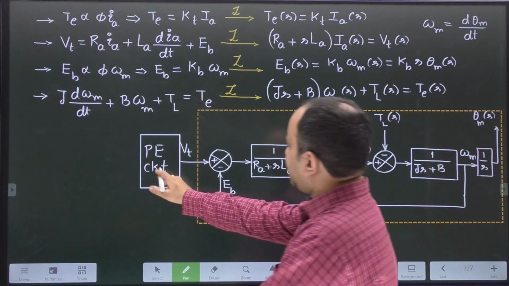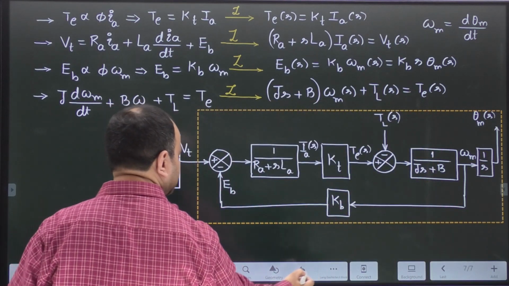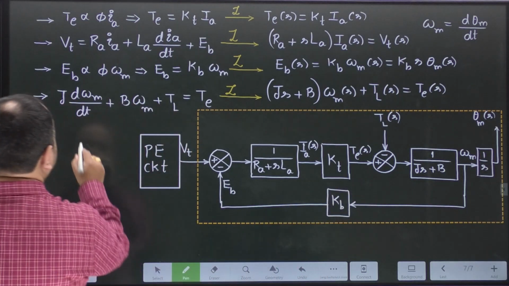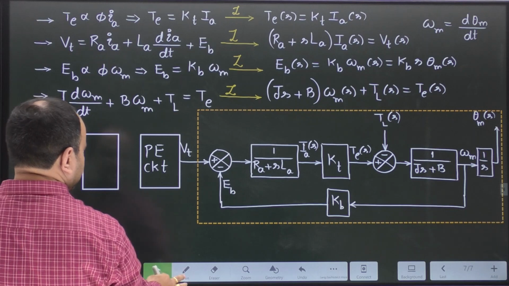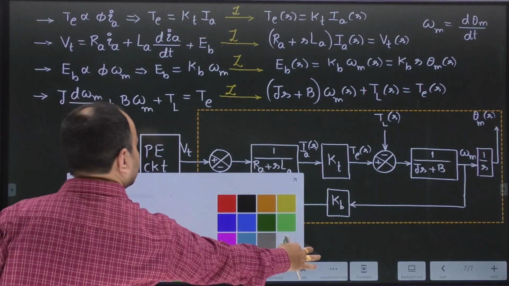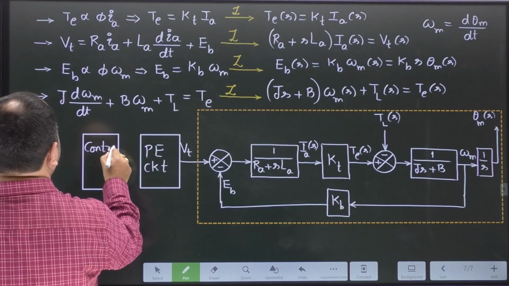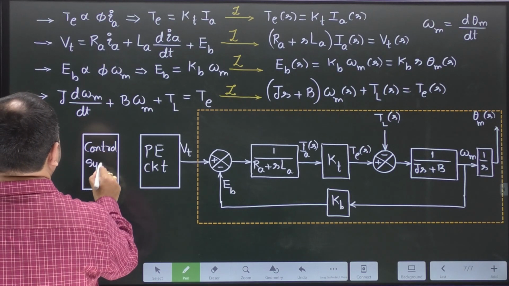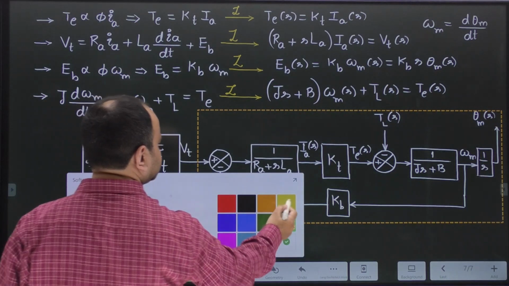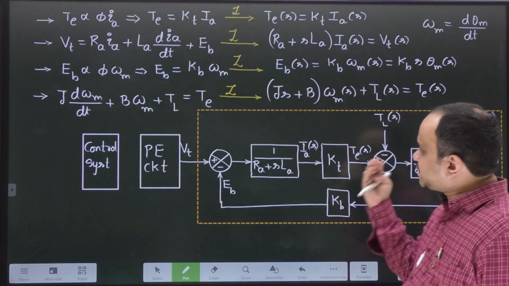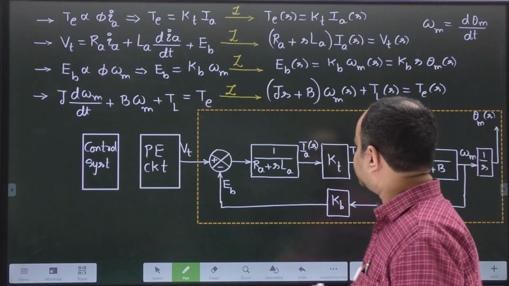For this power electronic converter, you will have some control aspect. This control system requires actual values that need to be compared with the reference values.